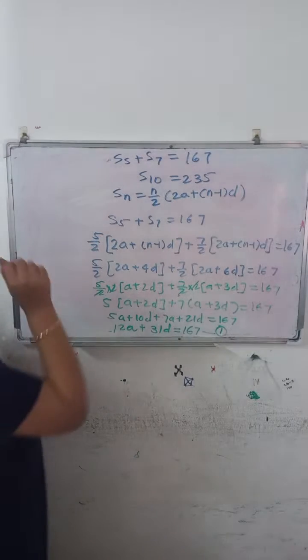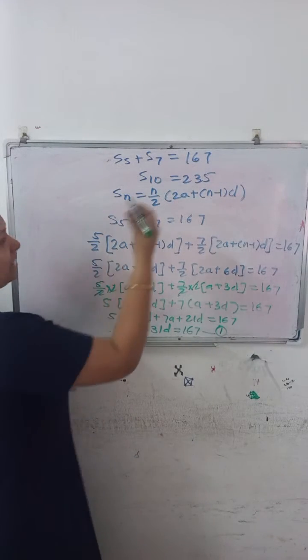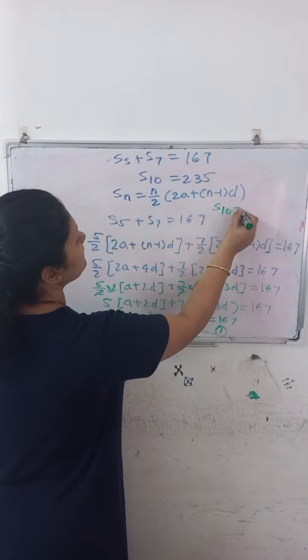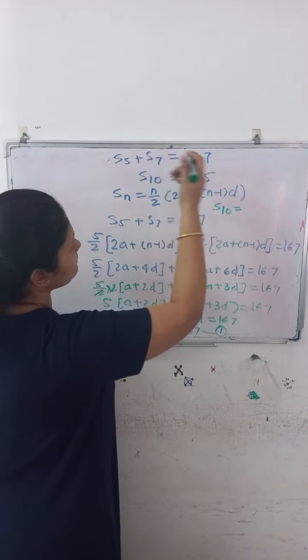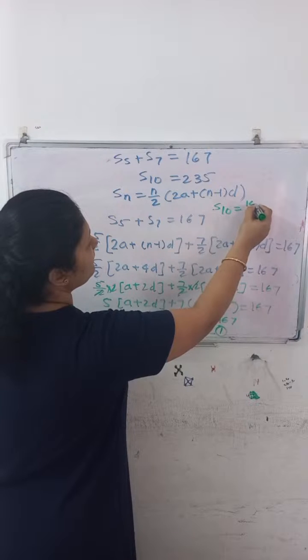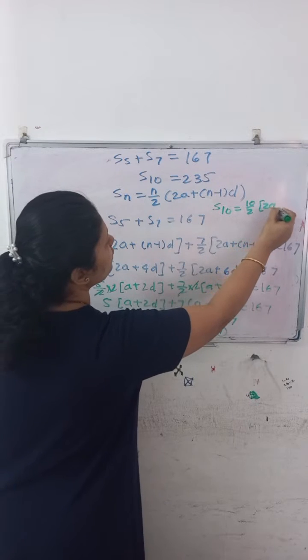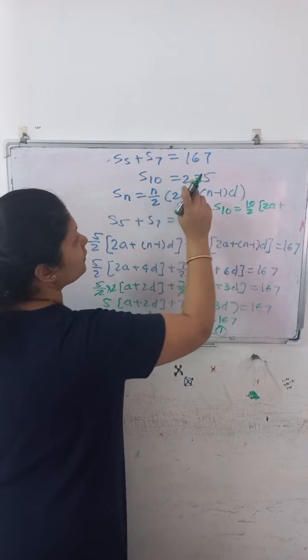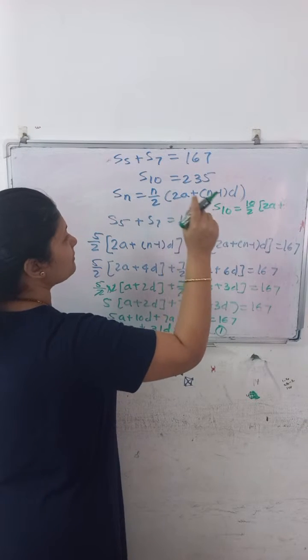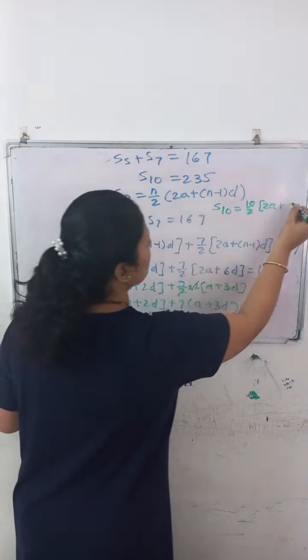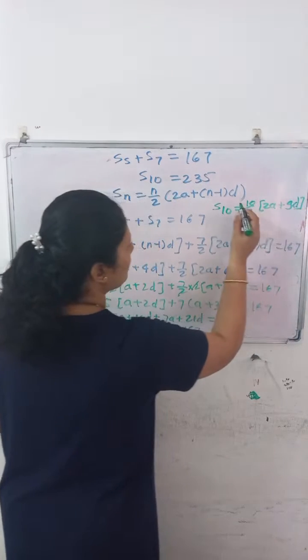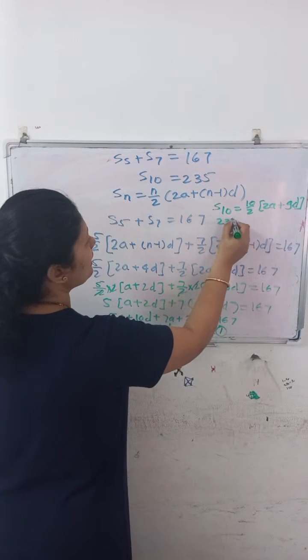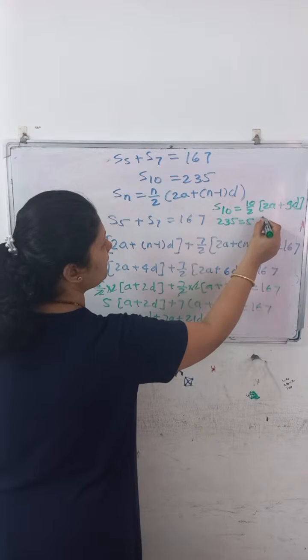So we can write S10 as 10 by 2 inside the bracket 2a plus 9, because n minus 1 is 10 minus 1, which is 9, into d.